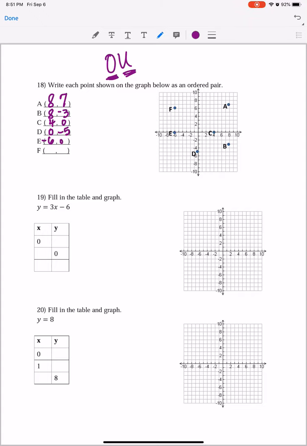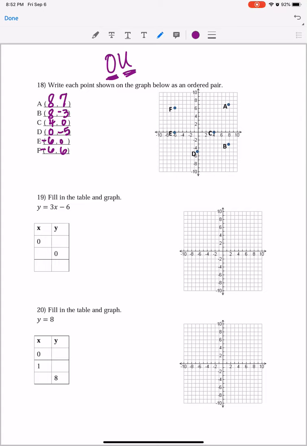And lastly, F right here, from the origin, we went 1, 2, 3, 1, 2, 3, 4, 5, 6. And because we're going to the left, that's a -6. And then we're going up 1, 2, 3, 4, 5, 6. Going up is positive, so a +6.